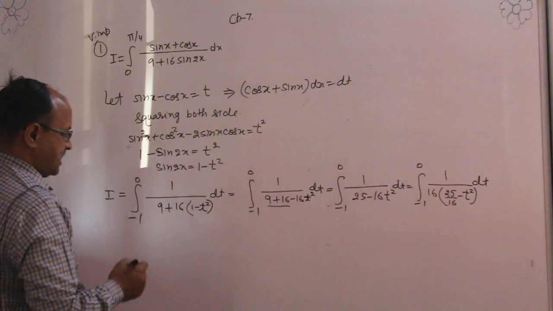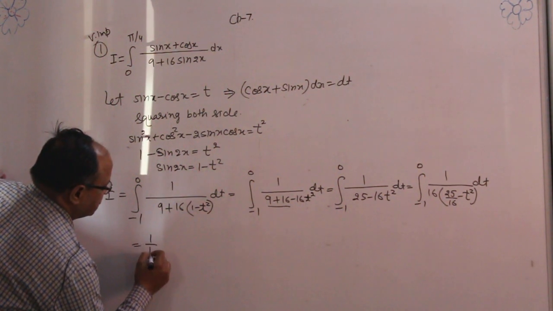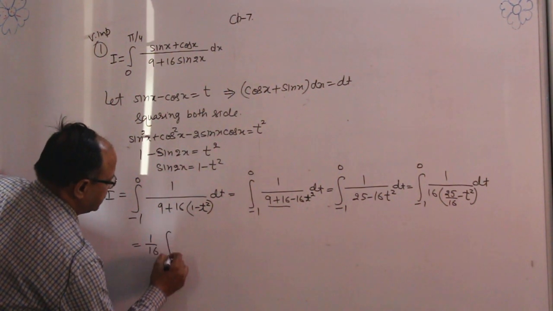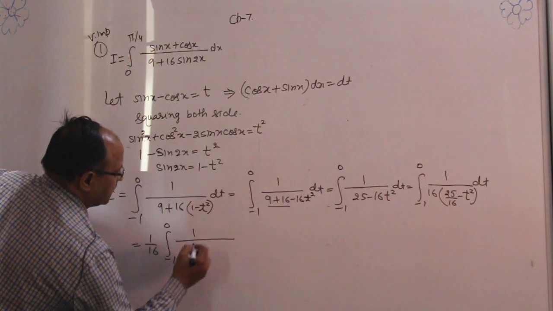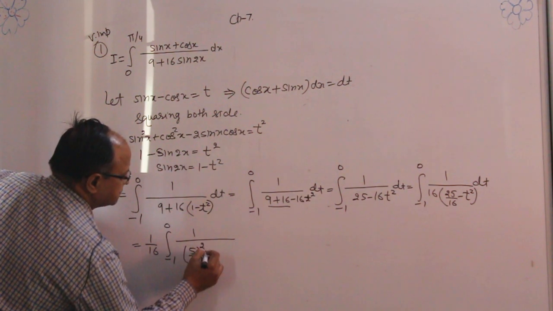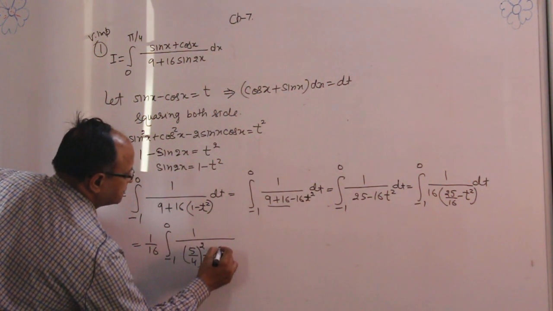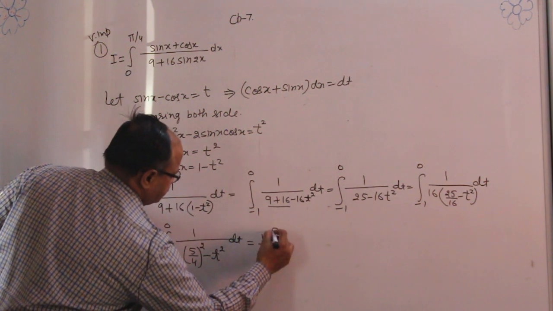Clear? Now you can take common 1 by 16 outside. Integration from minus 1 to 0 of 1 upon 25 by 16, that is 5 by 4 whole square, minus t square dt, with 1 by 16 outside.